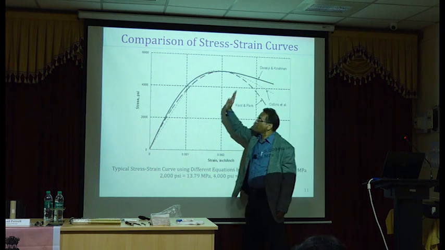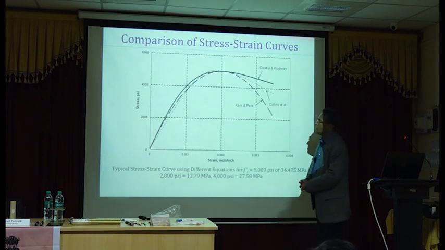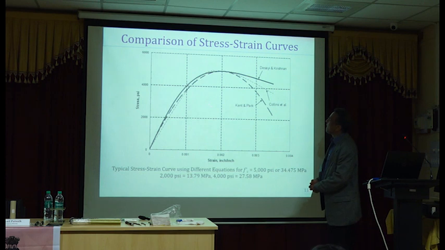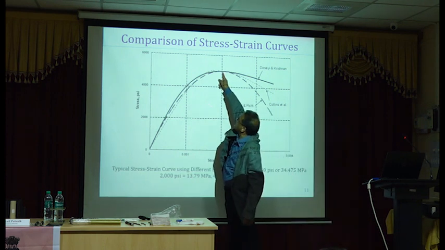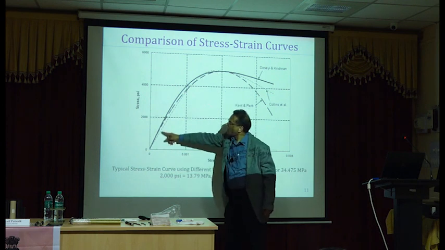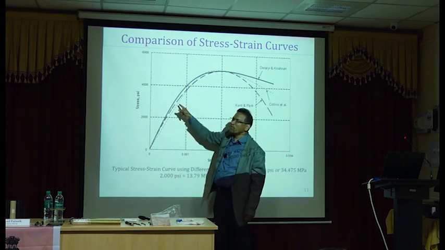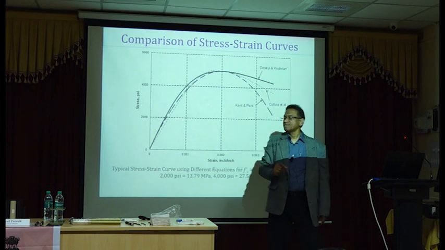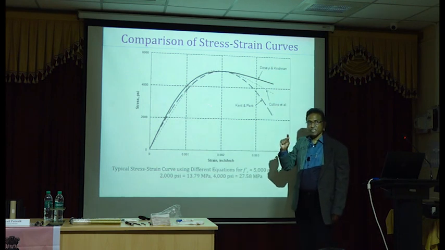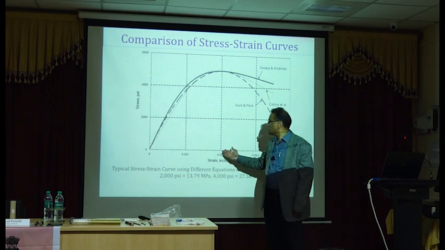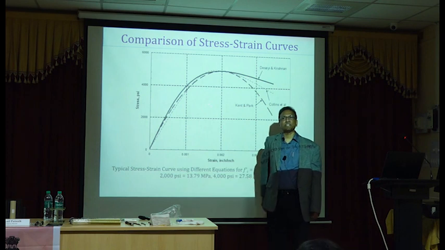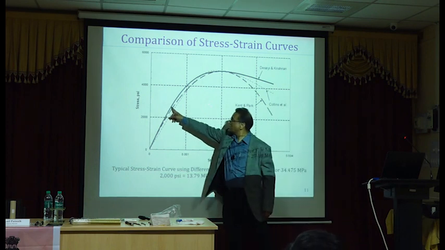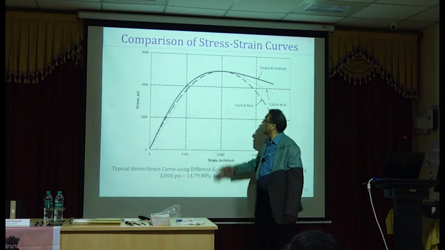That's a common thing for every equation. Now, before reaching 0.002, all these curves have almost the same variation, very little difference. So if your strains are very small, if epsilon c is less than 0.002, it doesn't matter which equation you use, you will get exactly the same answer, because the variation here is very, very small, right?